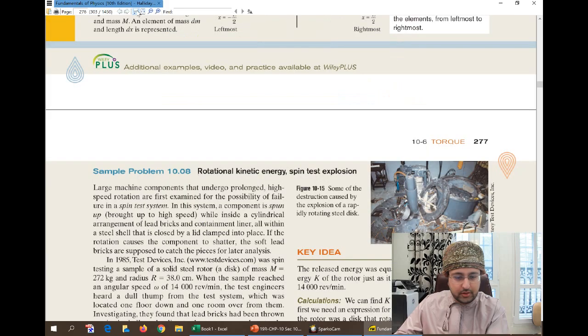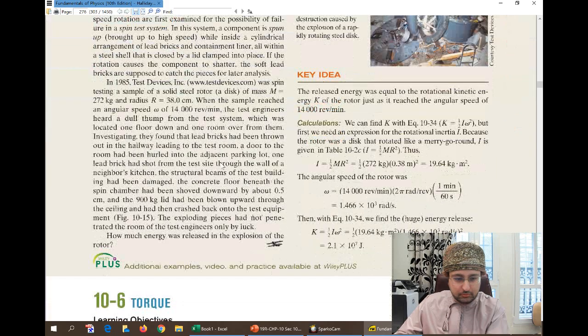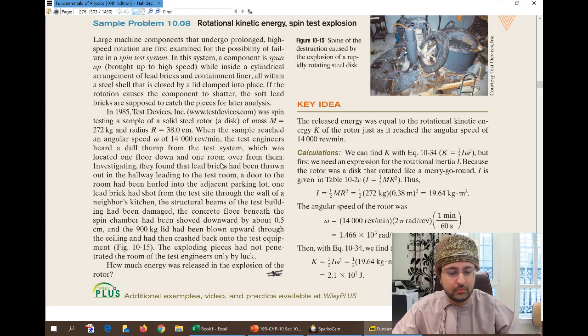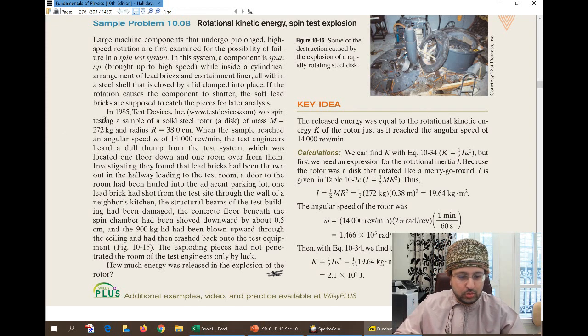This is a very, very long problem. Long story short, in 1985, spin testing a sample of a solid steel rotor, a disc, mass 272 kilograms, radius 38 centimeters. The sample reached an angular velocity of 14,000 revolutions per minute, and then there was a dull thump from the system.